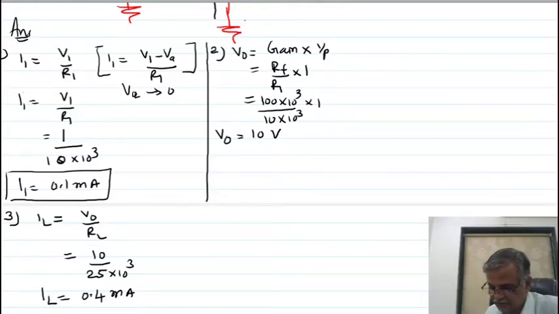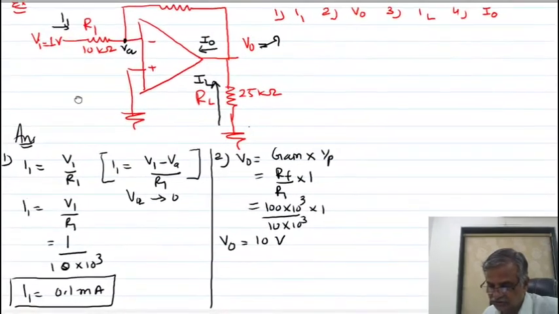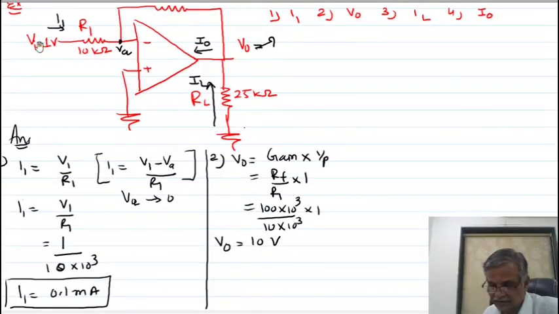It's very simple again. What is IL? IL is nothing but the voltage across this upon this resistance. A second question must be raised: Sir, why have you taken this direction of IL? What is the reason for this direction? Answer: this is an inverting amplifier. Input is positive, so your output you will get negative.